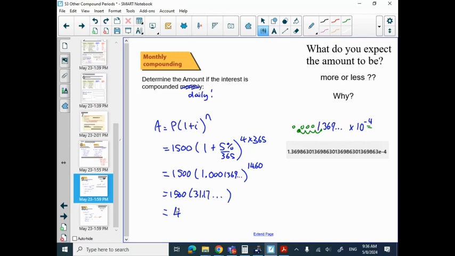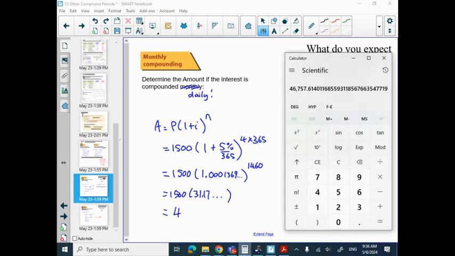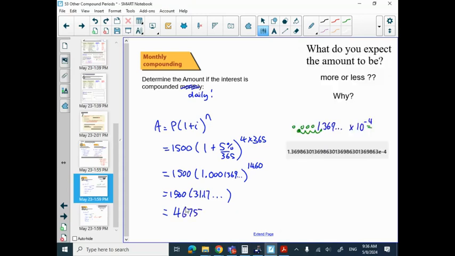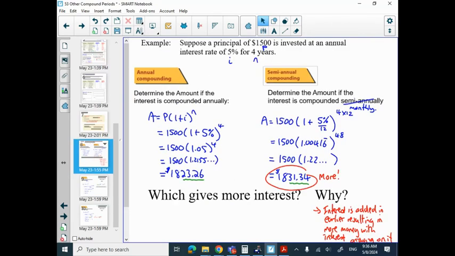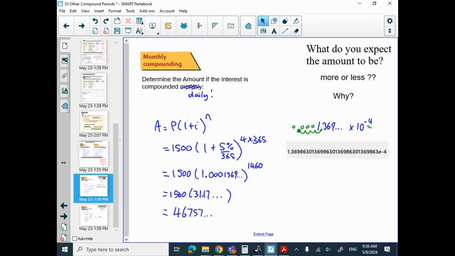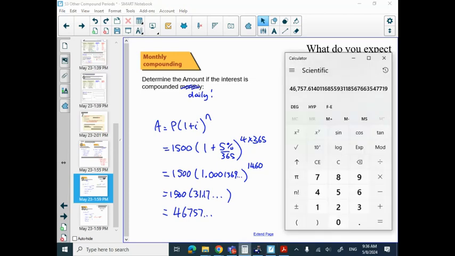Something seems wrong here. Might have done something wrong. 757. What did I do wrong? Can't be that much. Doesn't make that big of a difference. So I'll just double check my work here. Bear with me. So we have our decimal 0.5 divided by 365.